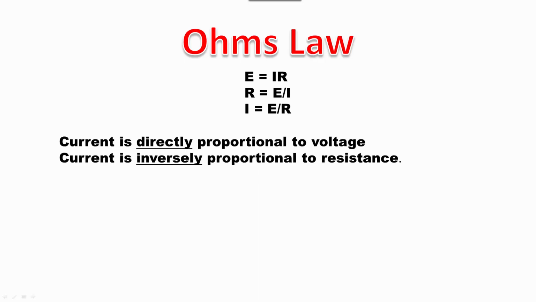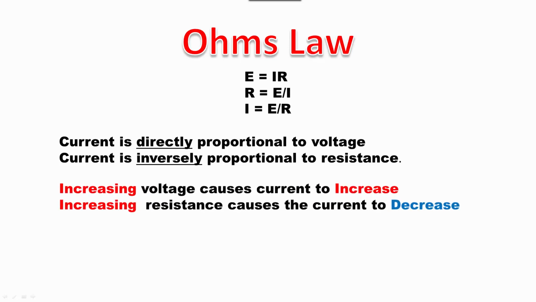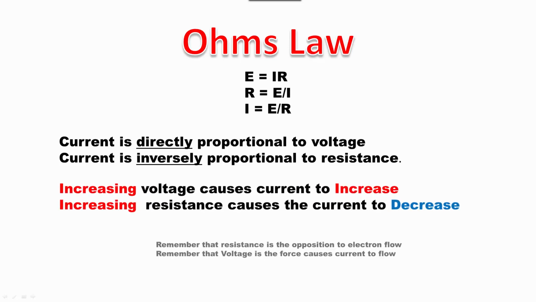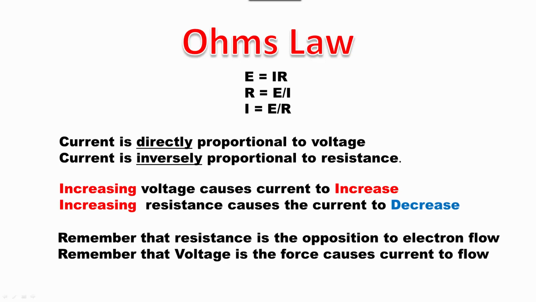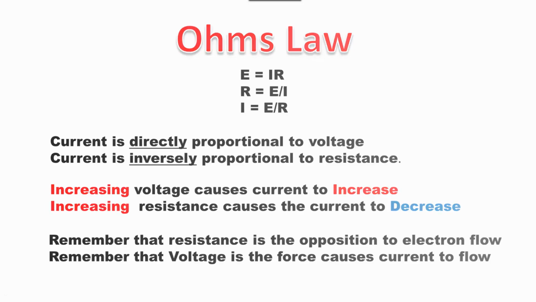This means that increasing voltage causes current to increase, but increasing resistance causes current to decrease. This makes sense when you remember that resistance is the opposition to electron flow, and when you remember that voltage is the force that causes current to flow.